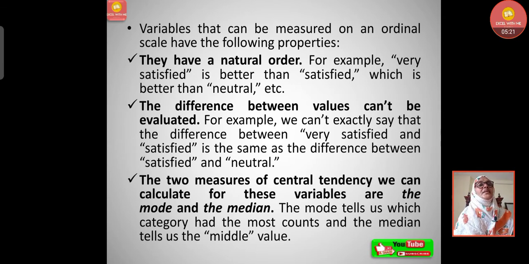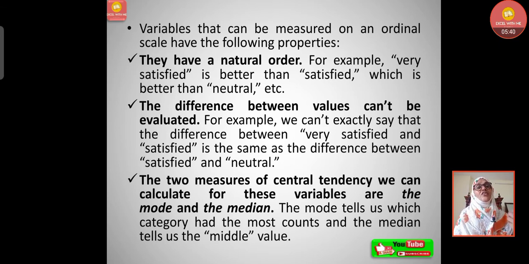Now variables that can be measured on an ordinal scale have the following properties. They have a natural order. For example, very satisfied is better than satisfied, which is better than neutral, etc. Now the difference between values cannot be evaluated.